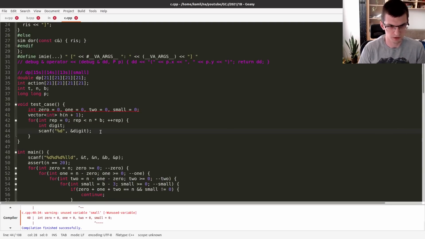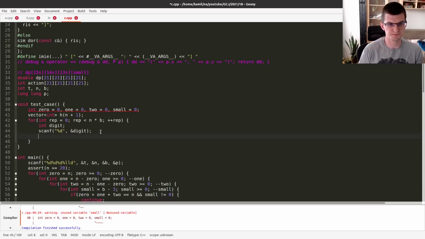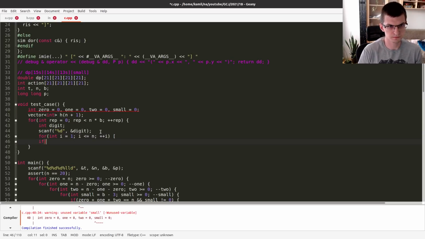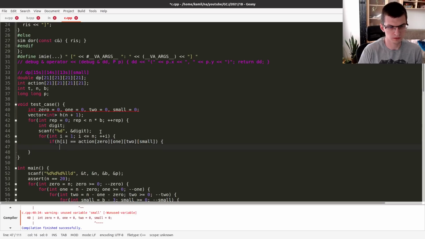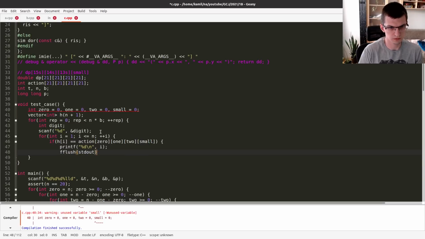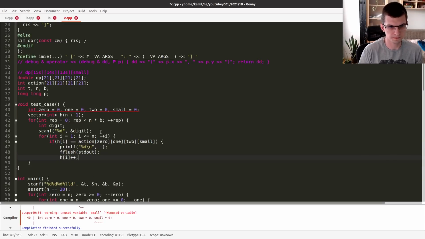Okay, and now easy. I'm looking for tower with height equal to what I need to perform. And obviously I need to update this.